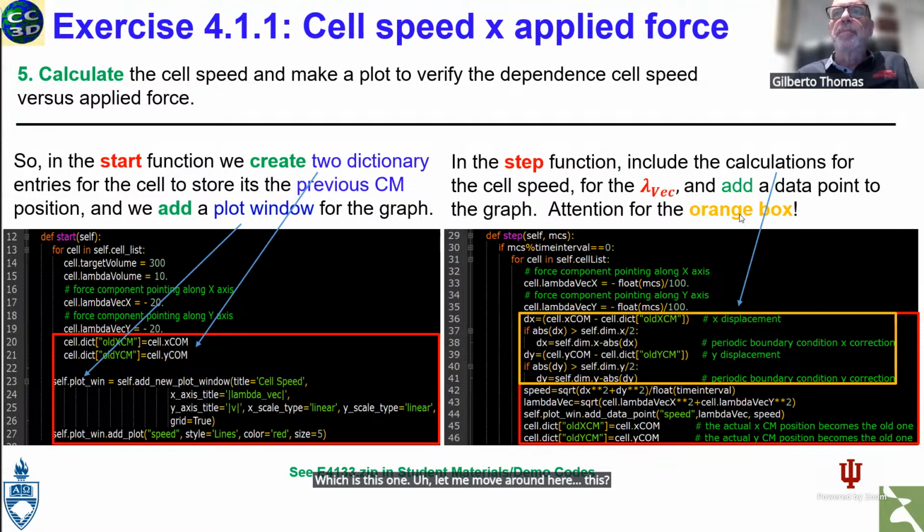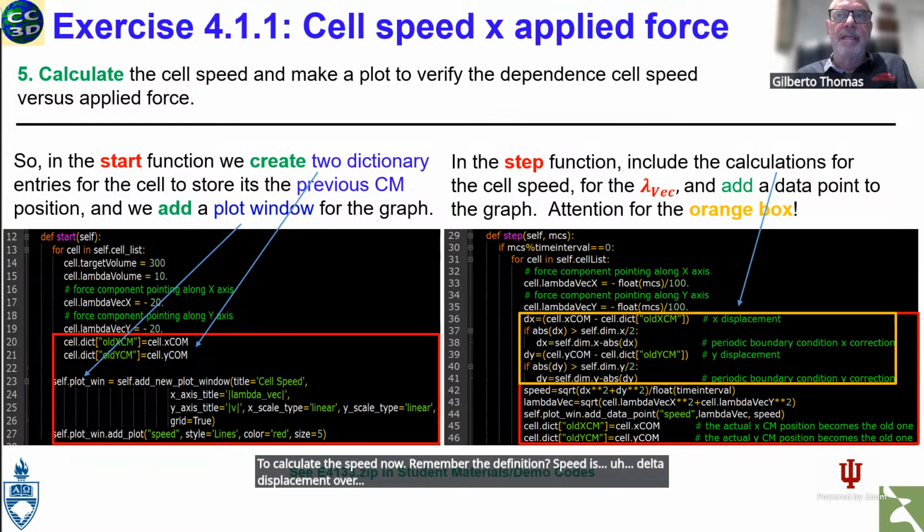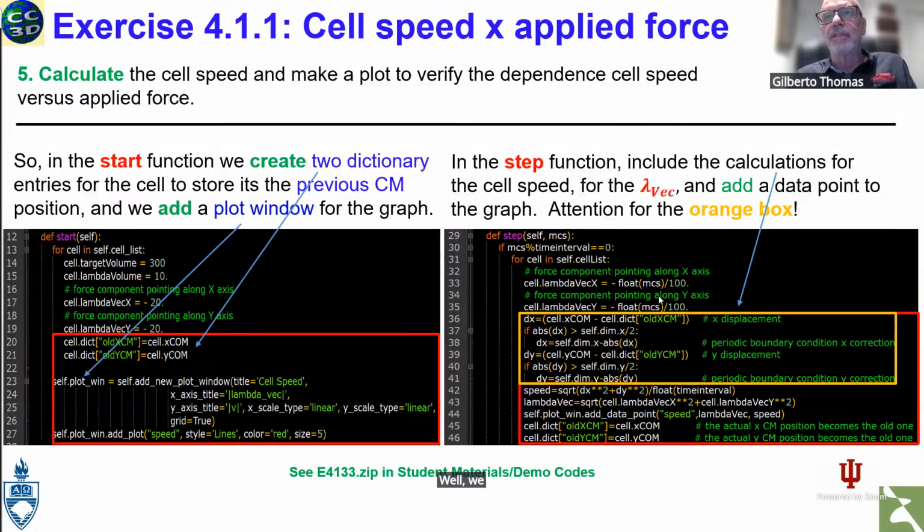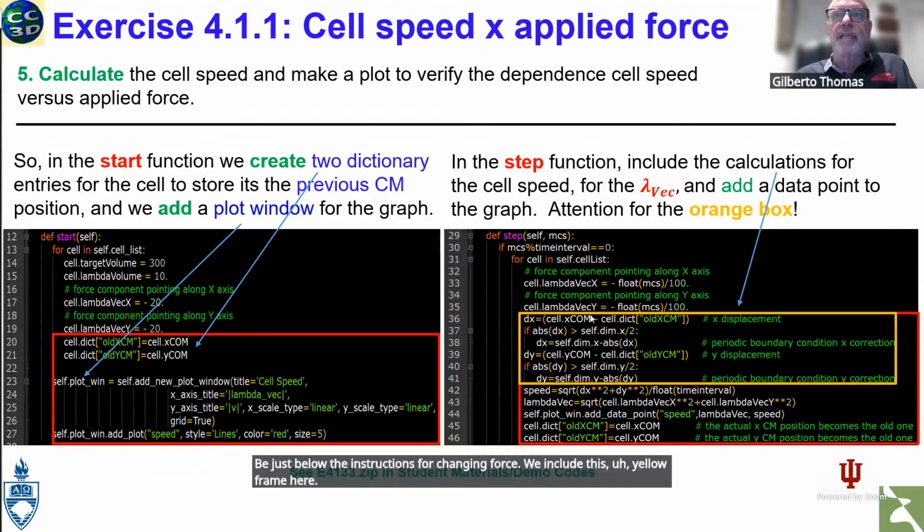To calculate the speed now, remember the definition, the speed is delta displacement over time. So here we make a loop. Well, we have that loop where the force is being changed. Just below the instructions for changing force, we include this yellow frame here to start.